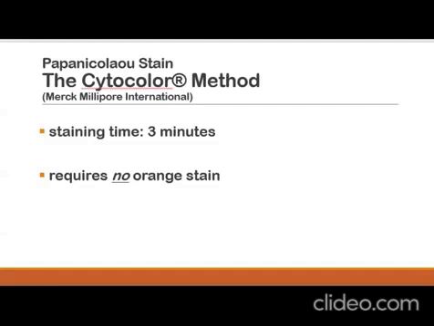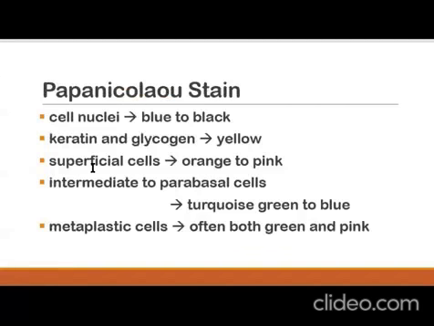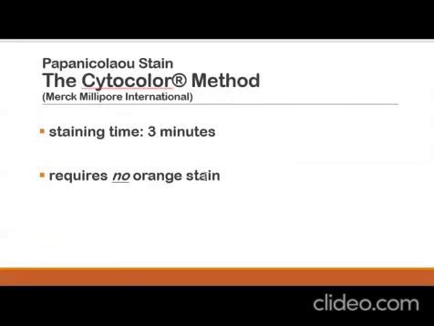Kasi di ba kanina, doon sa classical na Pap stain, yung inyong keratinized cells, and especially superficial cells na highly keratinized, dito po mag-vary yung color niya. Pero since wala ng orange G dito sa cytocolor method, you expect na pink na ang kanilang color. Okay? So, wala na siyang range.